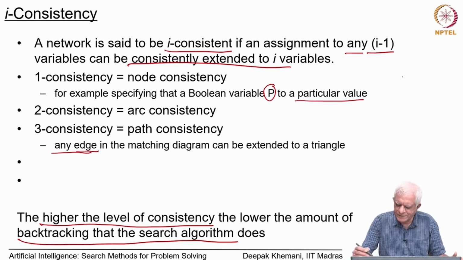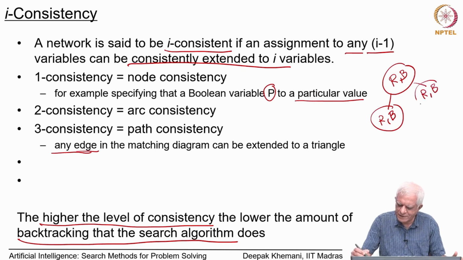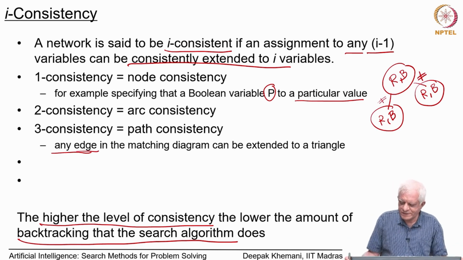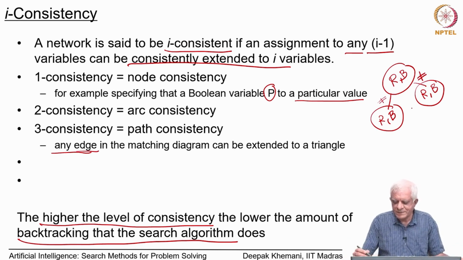So, for example, if you have a simple map coloring problem here, again 3 regions, but only 2 of them are connected, and the relation as before is not equal. Then if you impose path consistency on this network, it means that there were 4 edges between these two variables.